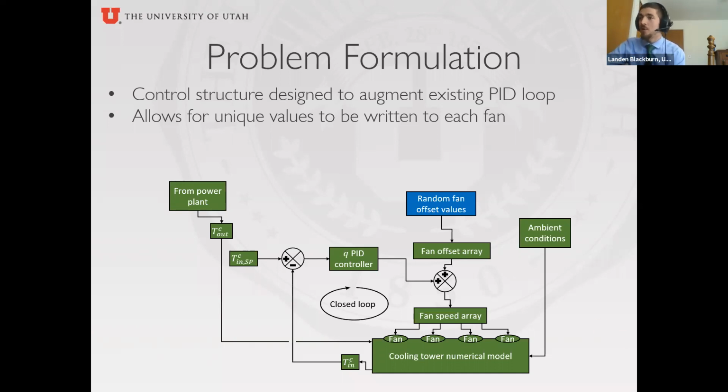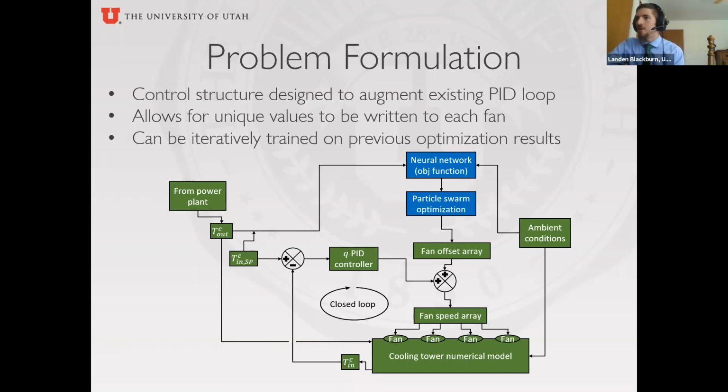In order to generate some data, we decided to feed in just random offset values and see what happens. Since the PID controller is still ultimately in charge of the temperature, we knew it would still be able to perform well. It would just change the overall efficiency, and we could start to fill out the search space for the machine learning algorithm.